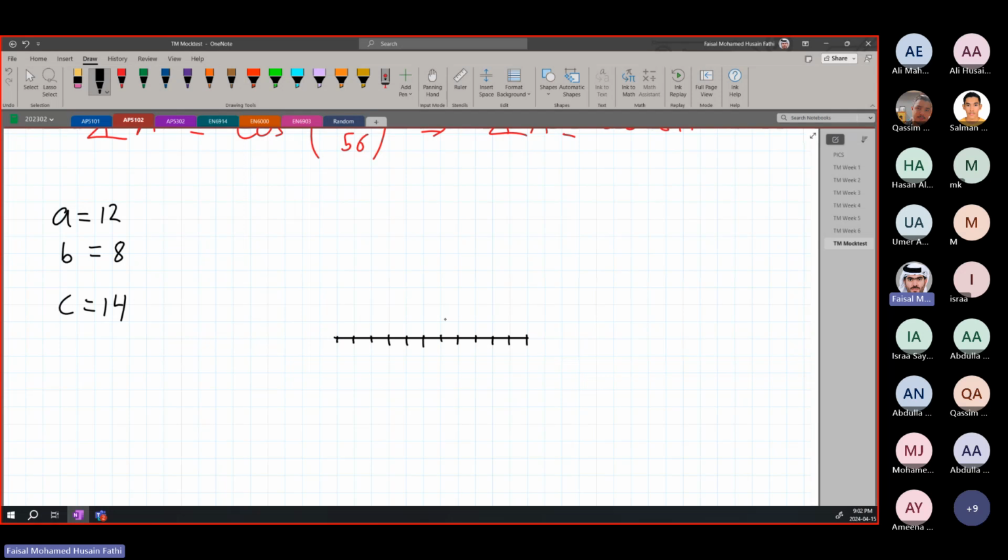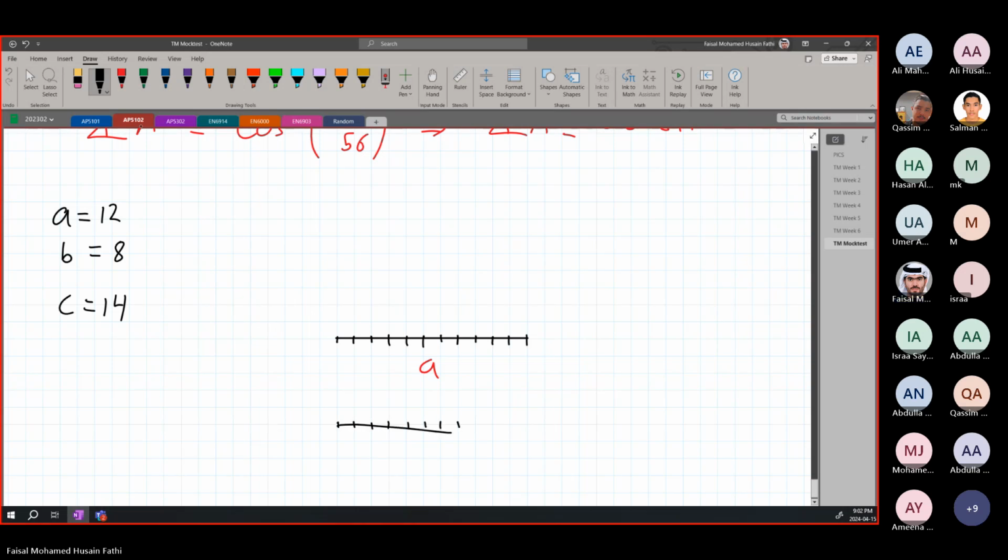Actually, a simpler way to do it is this: this is A. Let's draw B in a straight line: 1, 2, 3, 4, 5, 6, 7, 8. This is size B.